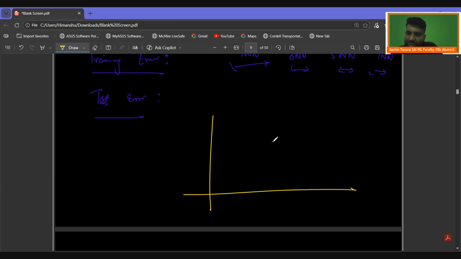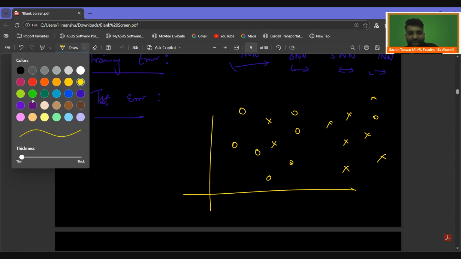So let's suppose this one is something. I hope you can see what I'm going to talk about. So let me just bring up the decision boundary using each of the 1, 3, and 5 only.